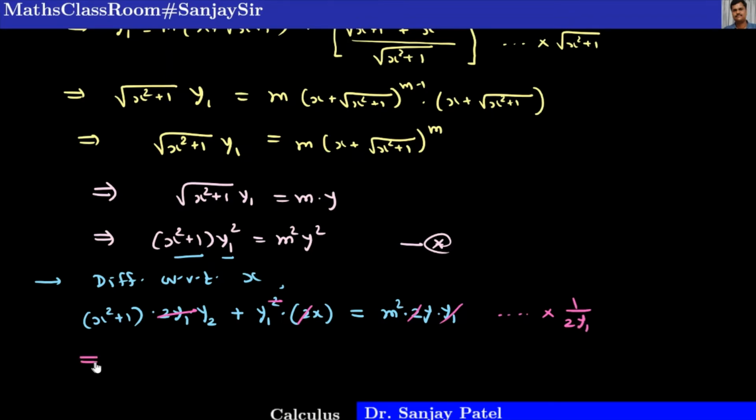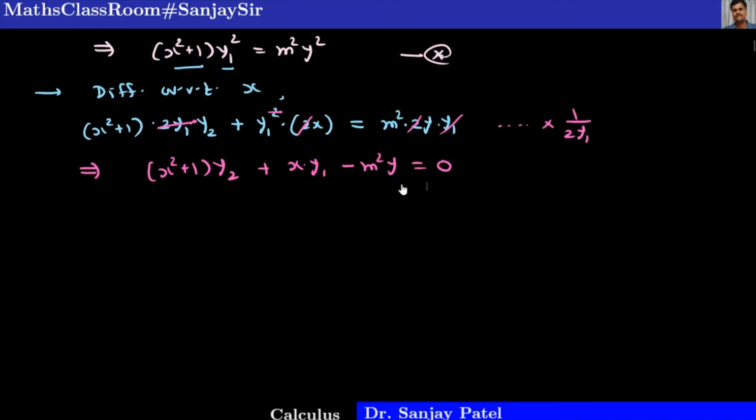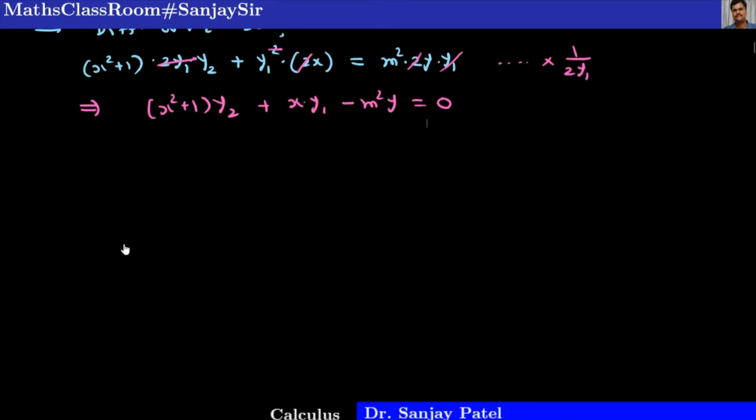So this gives us (x square plus 1) into y2 plus x into y1, and here what remains is m square into y, which I want to write on the left hand side. So it will be minus m square into y is equal to 0. Now we have obtained the relation between y1 and y2. So we'll take nth derivative in this equation.